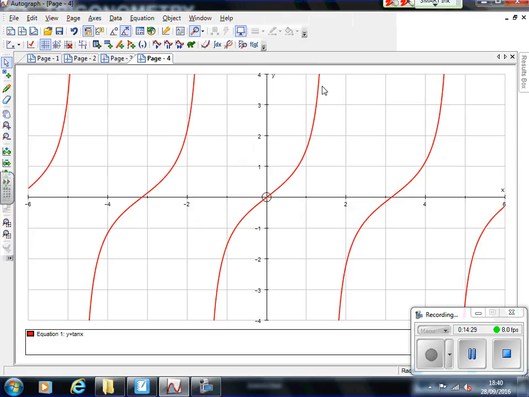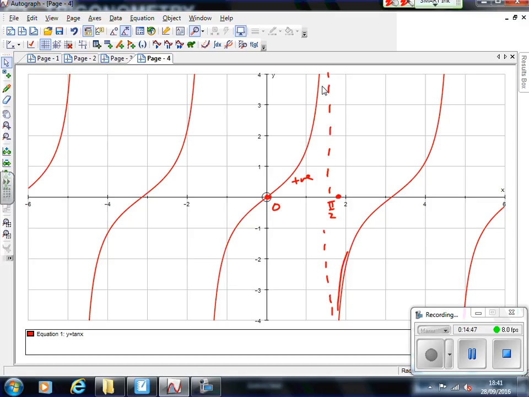So you can see here between 0 and 180, or 0 and pi by 2 radians, where there's an asymptote. We'll talk about why that is. Tan is positive.